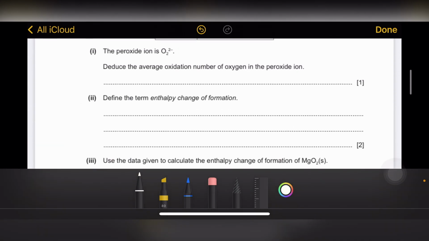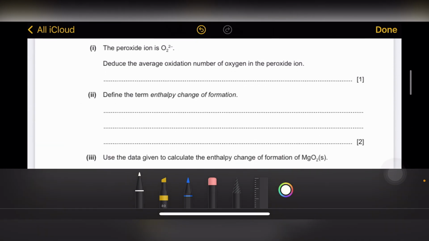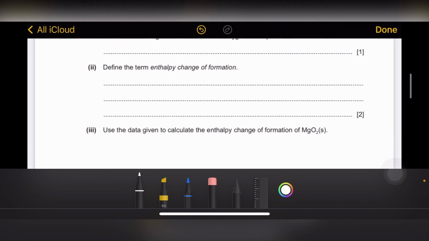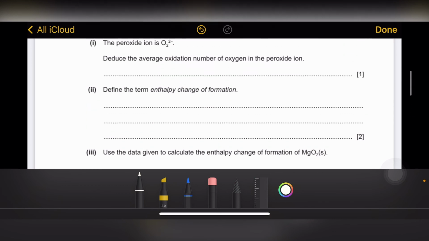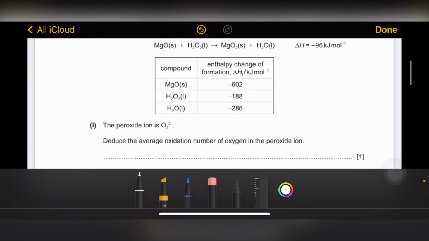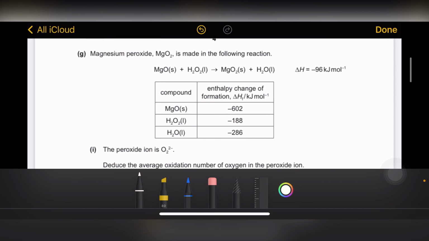Now determine the enthalpy change of formation. This is pretty easy, and so I'm not going to write it, but make sure you memorize it and write the correct answer, because it has 2 marks. Now we have to calculate the enthalpy change of formation of MgO2. Let's rewrite the equation.